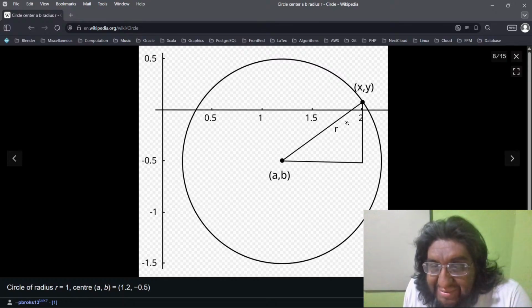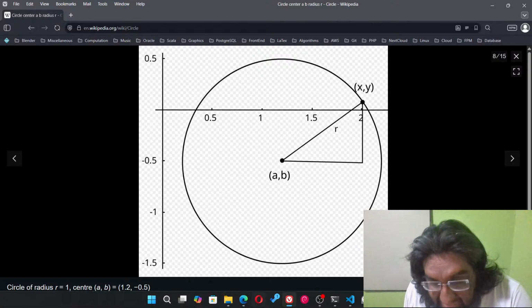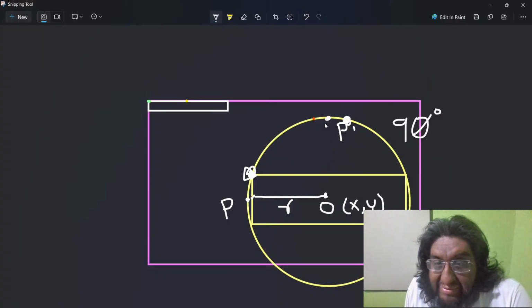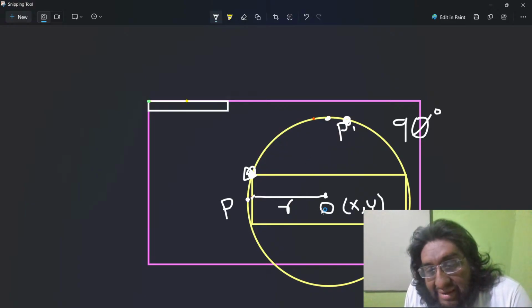We have the origin and maybe draw some triangles. Also, if we want, like 90 degrees, we should draw this triangle.